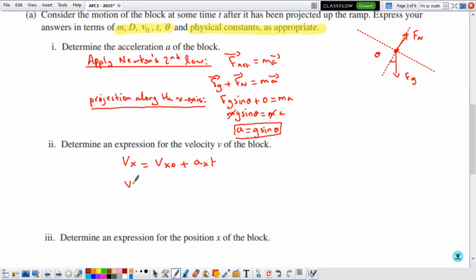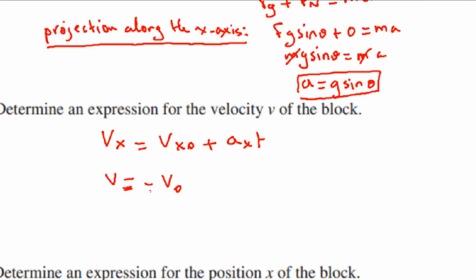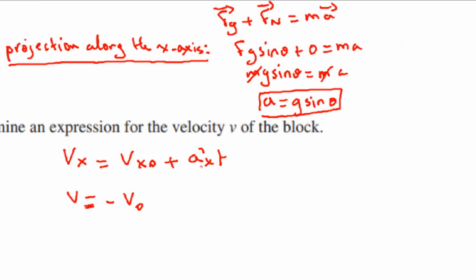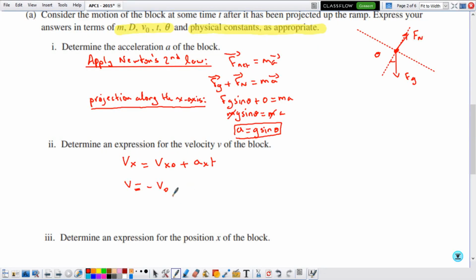That would be replaced by v, and that would be minus v0. Why do we have the minus sign here? Simply because it's being projected in the negative direction, and we know that the acceleration is pointing in the positive direction, given by g sine theta, multiplied by time. And indeed, if you check, it's being expressed in terms of v0, physical constants, theta and t.